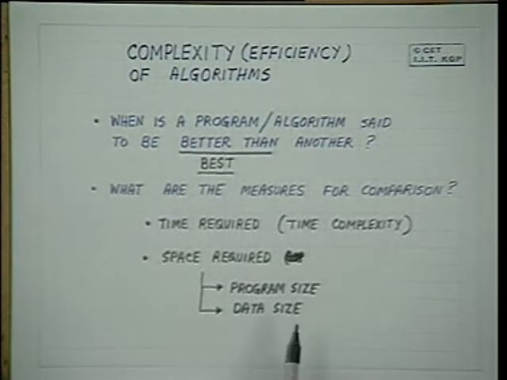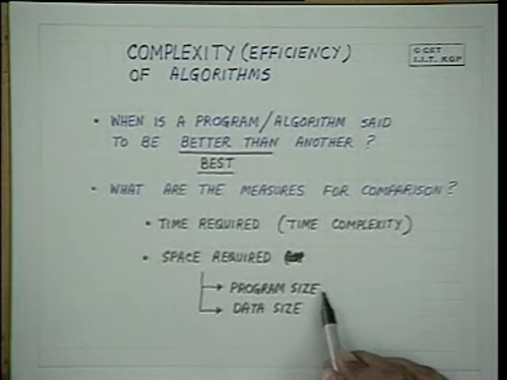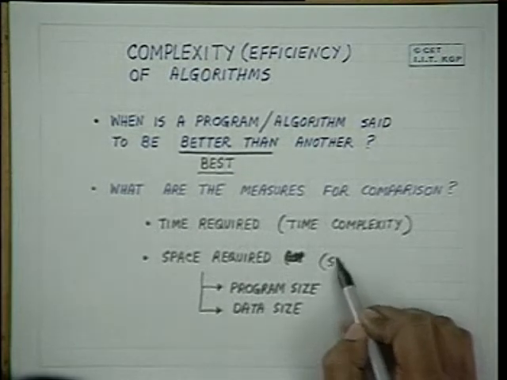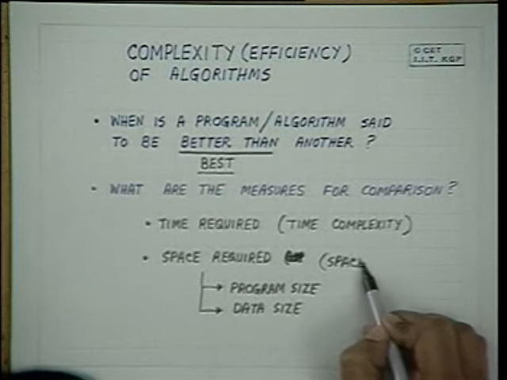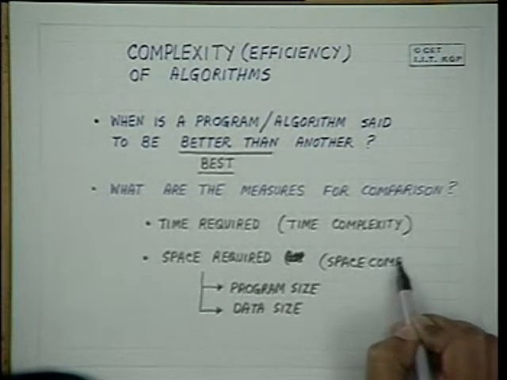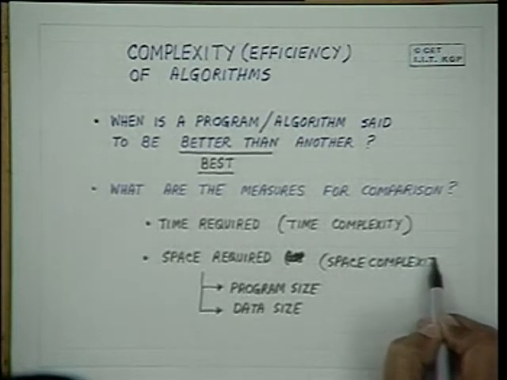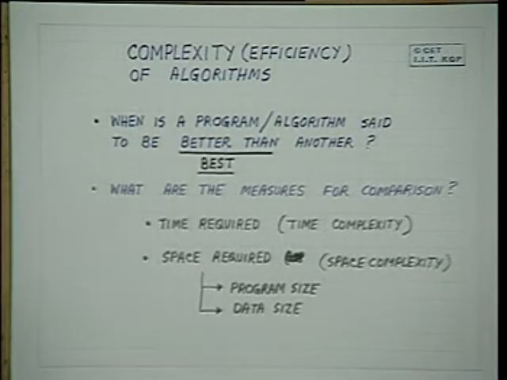For example, for a particular problem you may write two programs, one of which uses a three-dimensional array of n by n by n, and another which just uses a one-dimensional array and does the processing. So the data declaration size of the two may be different, and obviously one program may be bigger than another. Together, as I mentioned, they form what is called the space complexity of a program.